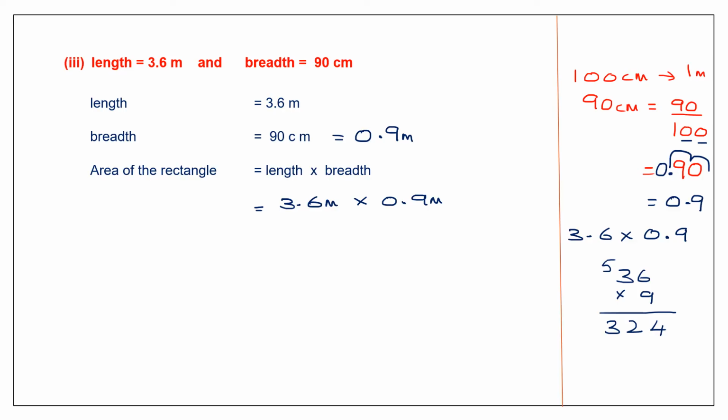Now let's look at the question. Now here there is one decimal place and here there is one decimal place. So there are two decimal places. That means after the point in our answer, there should be two digits. So the point comes here. So we have 3.24. Now this is the area of this rectangle and our units will be meter square. So our final answer here is 3.24 meter square.